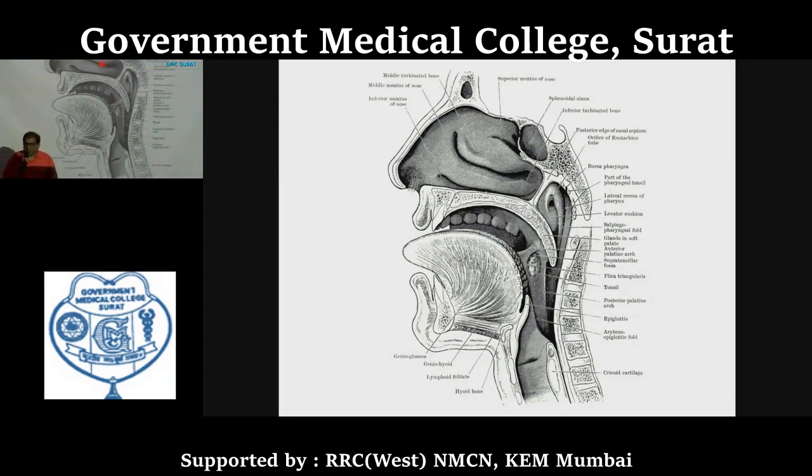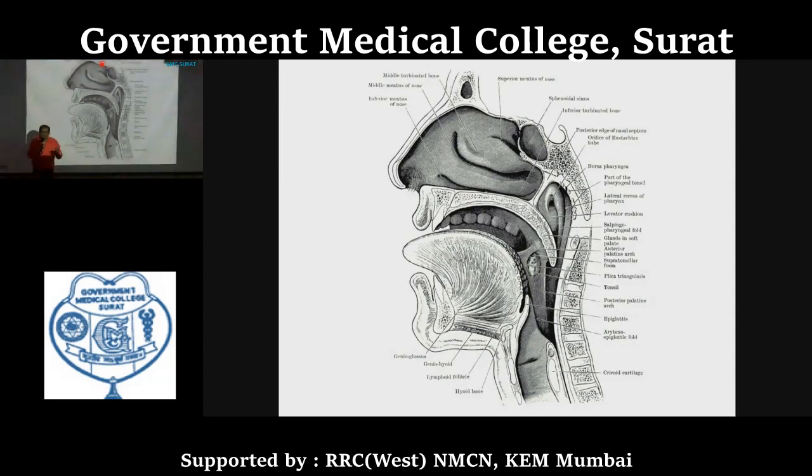As far as the situation of the pharynx is concerned, it lies behind the nasal cavity, oral cavity, as well as behind the larynx. Okay? Now, as far as the vertical extension is concerned, this pharynx extends above from the cranial base. Here you can see it's the cranial base, that is the base of the skull.